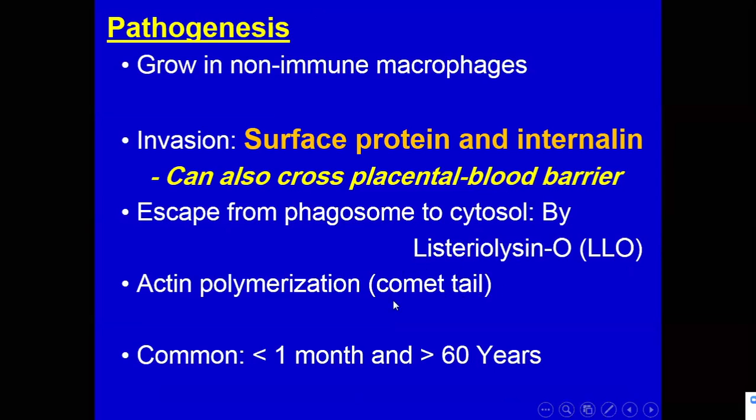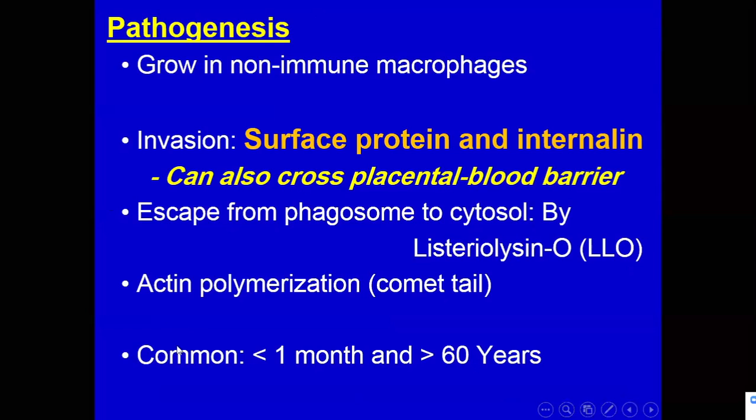This tail is called the comet tail. So the comet tail is formed by actin polymerization of the cytoskeleton of infected cells. With this tail, they acquire the characteristic of tumbling motility, moving backwards.